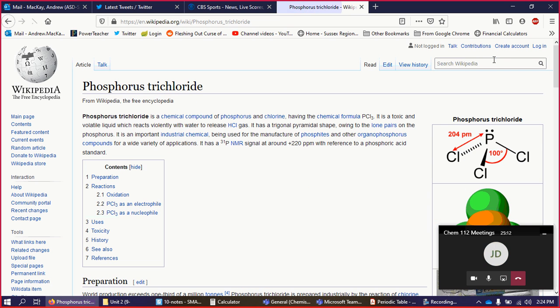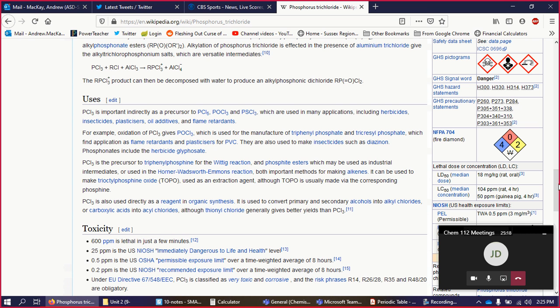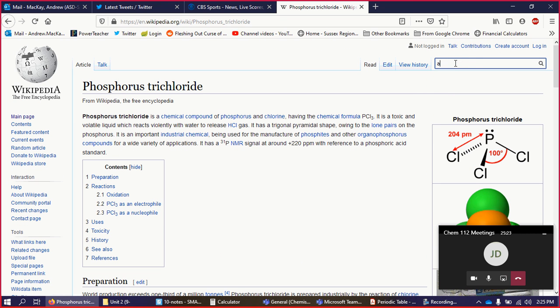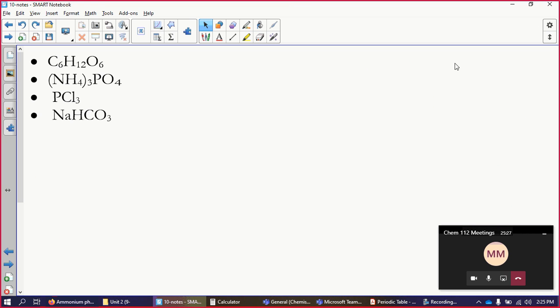Phosphorus trichloride. Well, there's a Wikipedia page on phosphorus trichloride. If you go down there eventually, I skipped past it. It has, for any compound, I don't know if ammonium phosphate. Oh, it is.